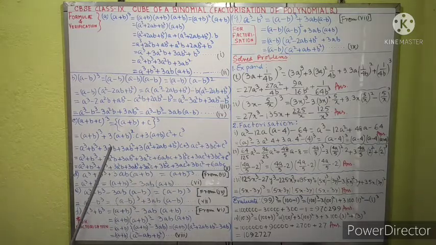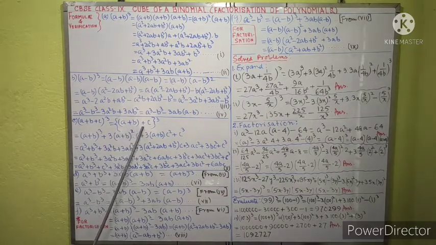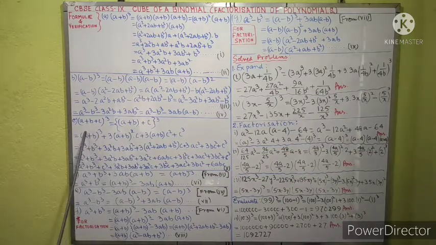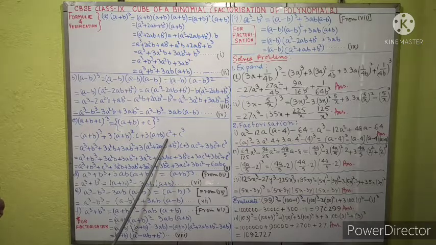Now to see how a plus b plus c whole cube is taken. It is like this: at a time a plus b taken and then c. This is regarded as a and this is regarded as b. So a plus b whole cube equal to, formula is a cube plus 3a square b plus 3ab square plus b cube.